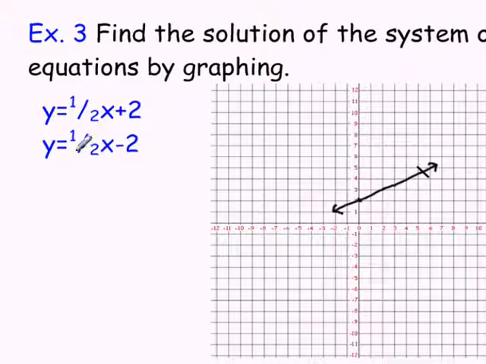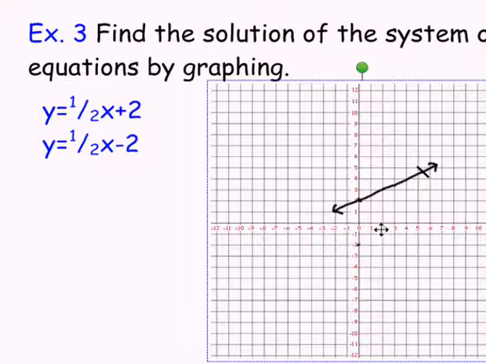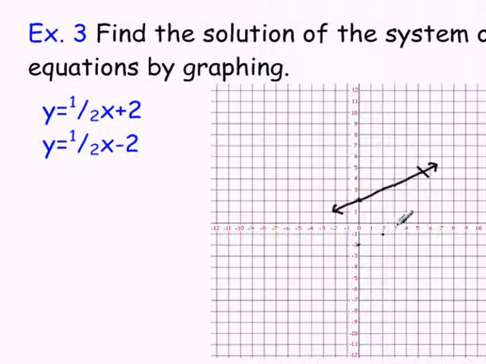Okay. My next is y equals 1/2 x minus 2. So I have an intercept at minus 2 and a slope of 1 over 2, up 1, over 2. Do this over and over. Let's try my line again.